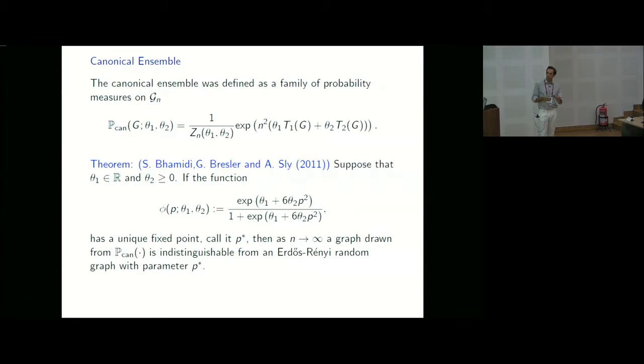So they have this theorem where they say: consider this function of the free parameters, and suppose that the edge parameter is real and the triangle parameter is non-negative. Then if this function has a unique fixed point, call it p star, in the limit a graph drawn from this probability measure is indistinguishable from an Erdős-Rényi random graph with parameter p star.